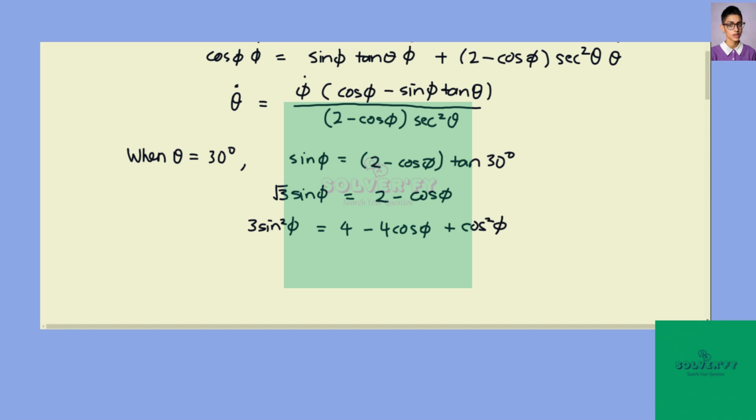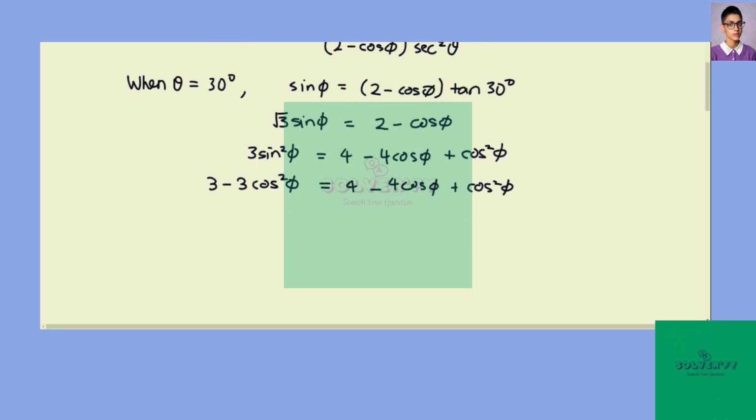Then using sine squared phi equals 1 minus cosine squared phi, you have 3 minus 3 cosine squared phi equals 4 minus 4 cosine phi plus cosine squared phi.